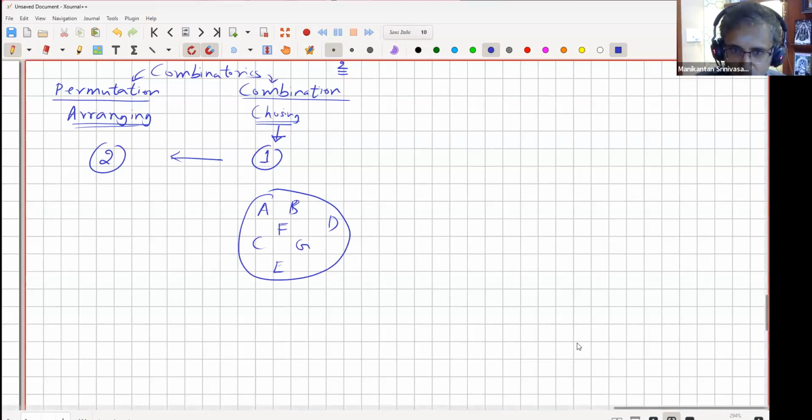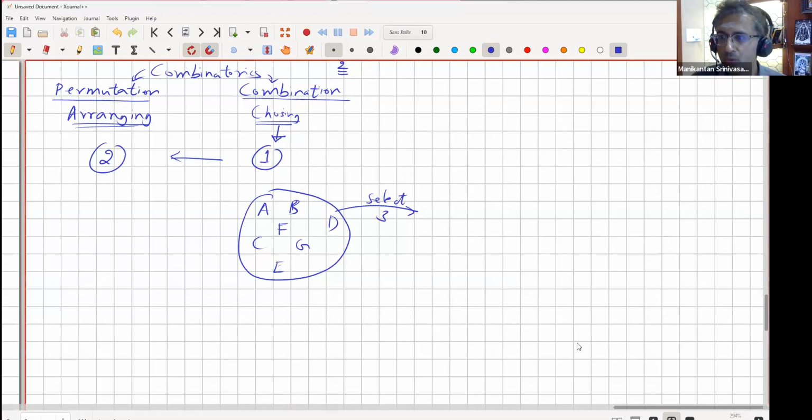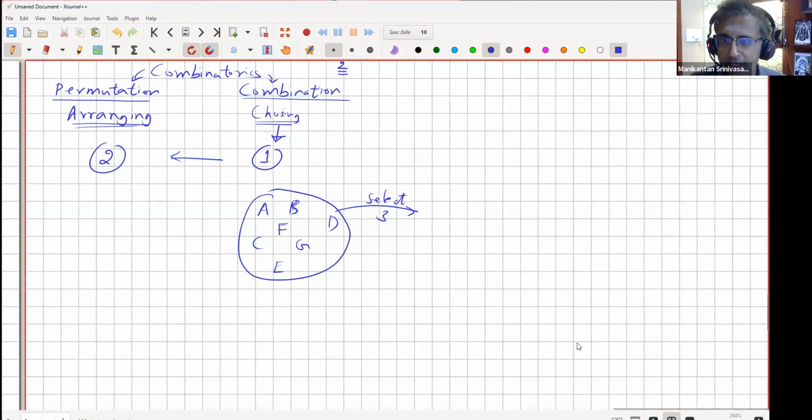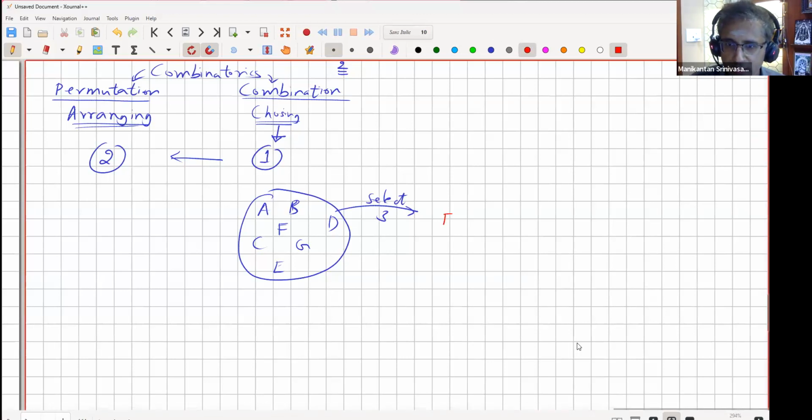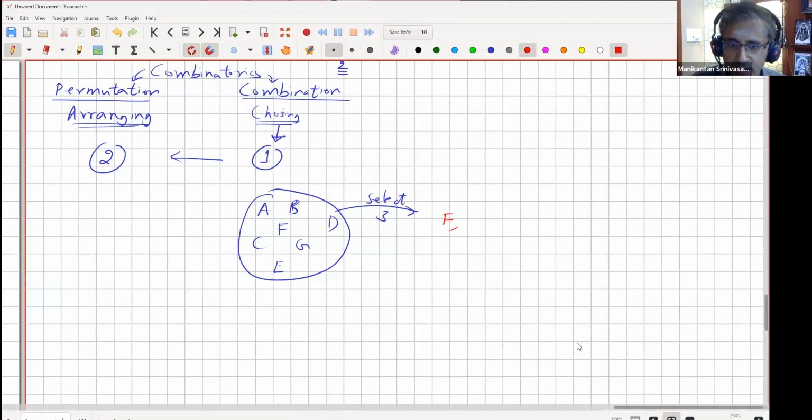And the teacher has to select 3 students to represent the school. Now what will she typically do? She'll call out one name. Let's say she calls out F, and then she calls out C, and then let's say she calls out G after that. Now this is one way in which she could have selected 3 students.